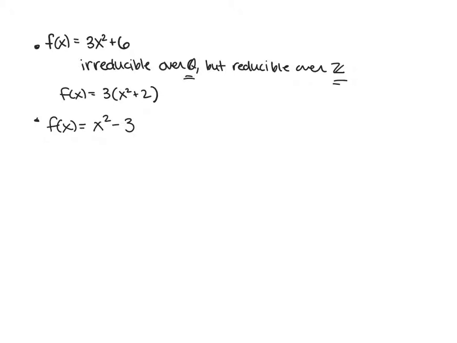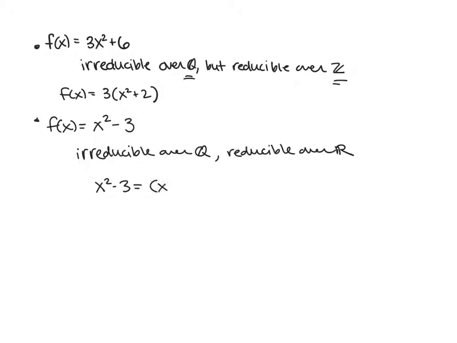So that is irreducible over Q. You can't factor it with coefficients as rational numbers, but you can factor it over R, because we can write it as x plus square root of 3, x minus square root of 3. So those coefficients are no longer rational numbers, but they are real.